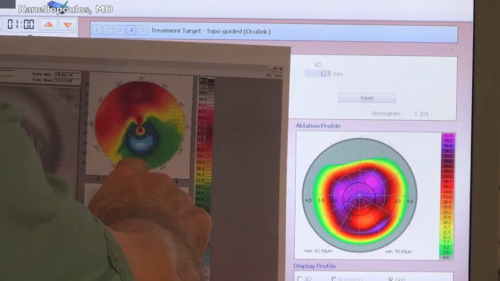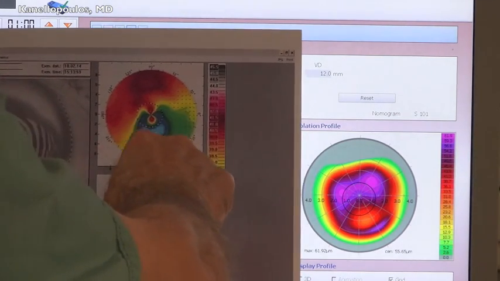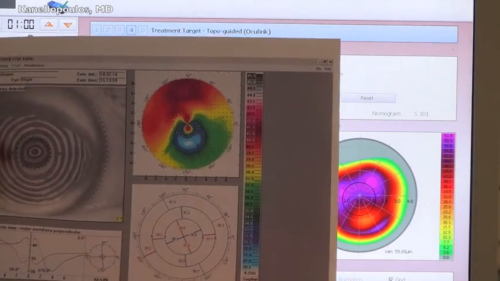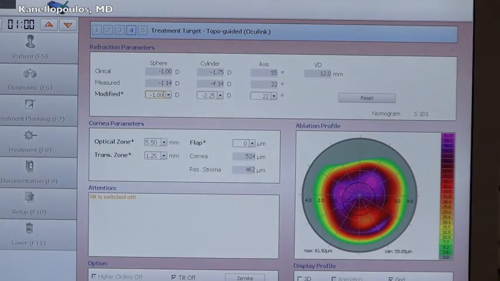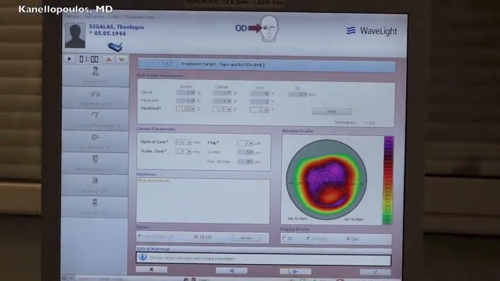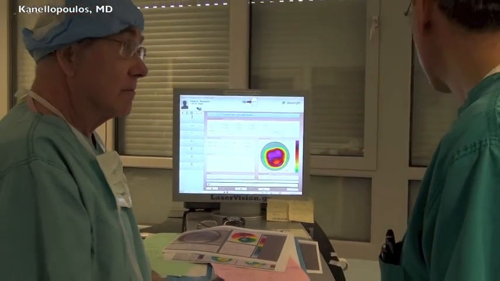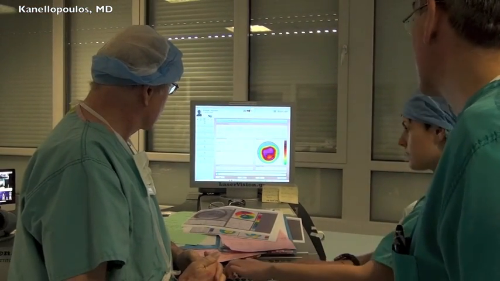We're trying to create a spherical correction, which of course is very different up here than down there. So there's a lot of intuition and experience in designing this kind of treatment that you can't just read off the screen. Let's save this and let's see the placido test.